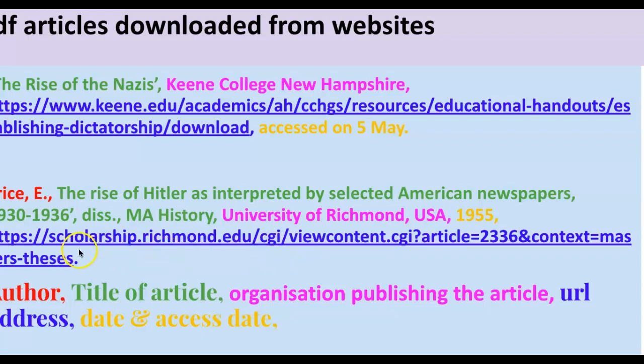So here we have theses at the end. And that's a clue that if we drill into the site, into the URL address, and I'm going to show you how to do that shortly, we might come across a host of other theses.